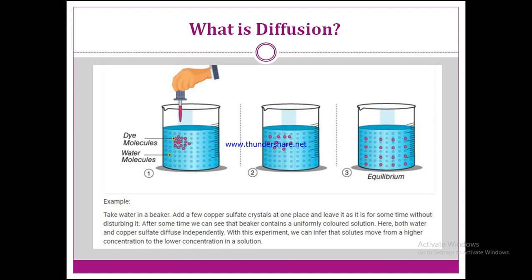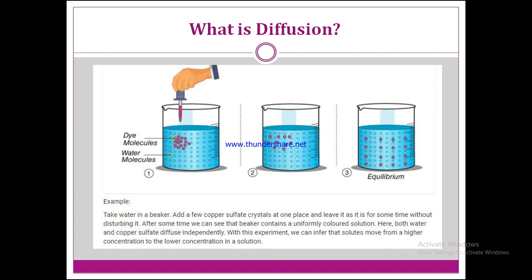In this example, take water in a beaker, add a few copper sulfate crystals at one place and leave it for some time without disturbing it. After some time, we can see that the beaker contains a uniformly colored solution.